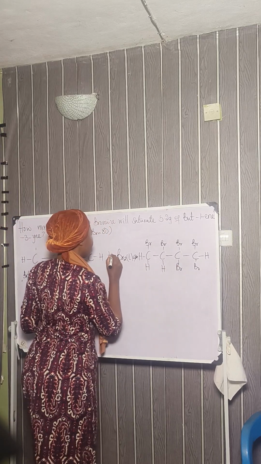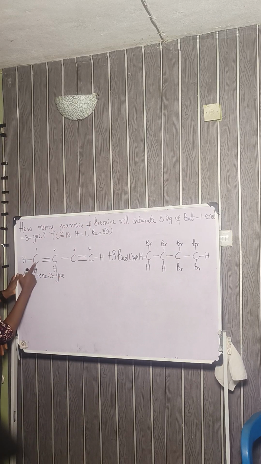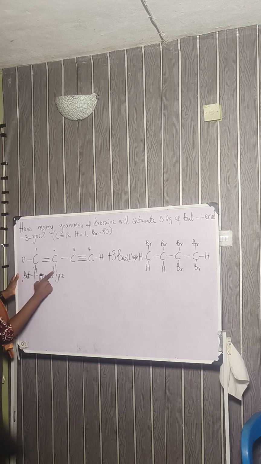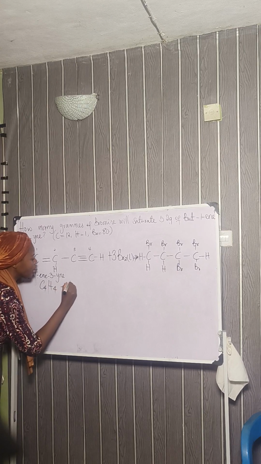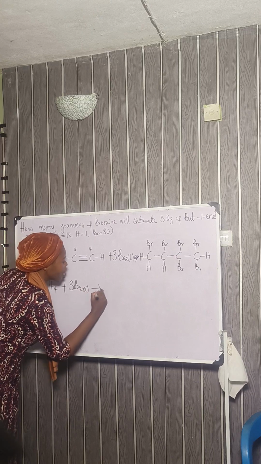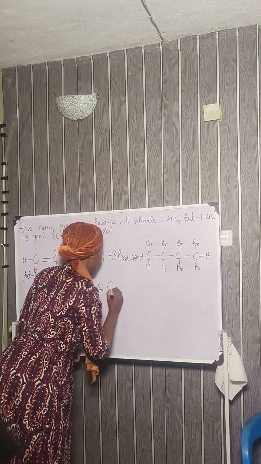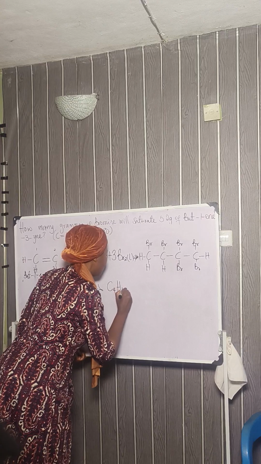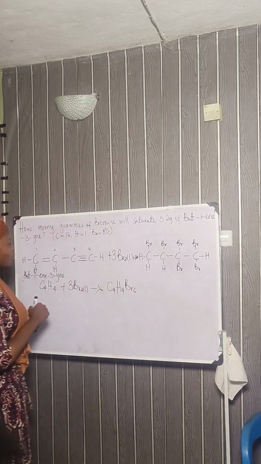I multiply by 3. So from here now we can see that this is C4H4 plus 3Br2 liquid to give me what I have. C4H4Br6. So this is what we have.